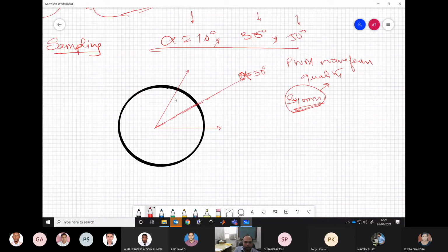Let us say if you draw the complete circle or the complete hexagon, these samples must be evenly distributed in these sectors. So even distribution means, this is one option I am giving, let's say you choose a sample at the middle of every sector.